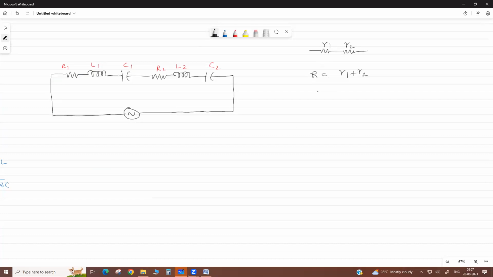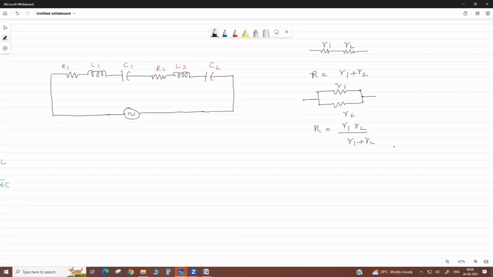If 2 resistances R1, R2 are in parallel, then R equals R1 R2 by R1 plus R2.